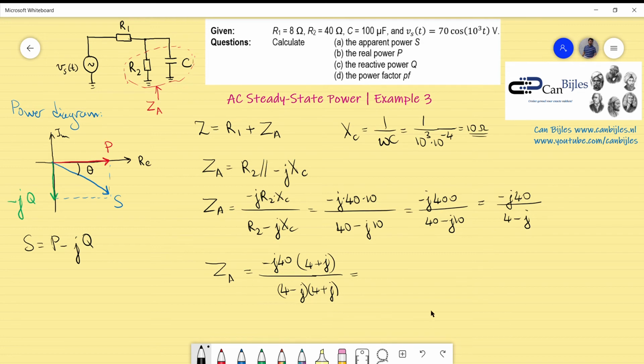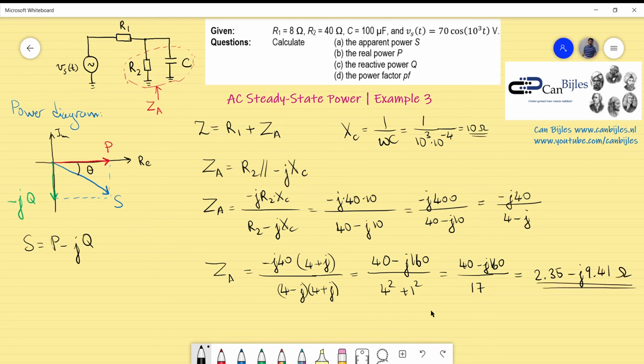So we have 40 minus j160 if you work out the parentheses, and this will be 4 squared plus 1 squared downstairs, that will be 17. So that will be 40 minus j160 over 17, which in rectangular form will be 2.35 minus j9.41 ohms.